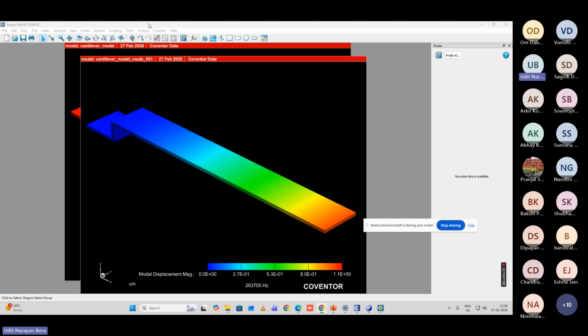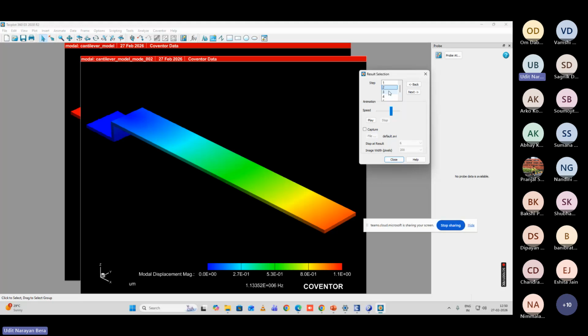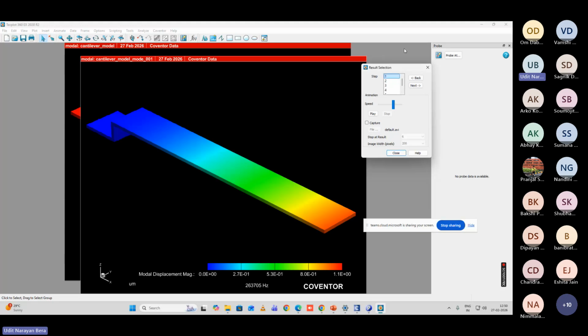Now let me show you the results section, how the 6 modes are different. I mean, the bending is different for different modes, but we normally, for resonant frequency, only choose the first mode, so this is the modal frequency.